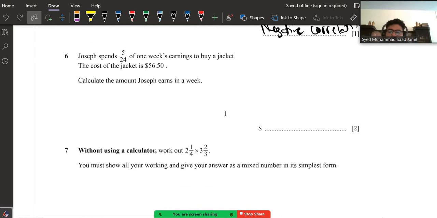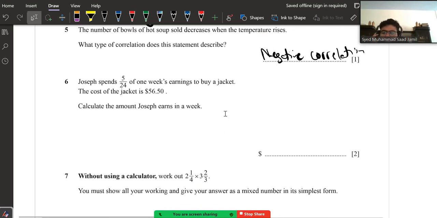Alright, moving on to question number 6. It says Joseph spends 5 upon 24 of 1 week's earnings to buy a jacket. The cost of the jacket is 56.5. Calculate the amount of money Joseph earns in a week. Very simple. Just write dollars and just write ratio.